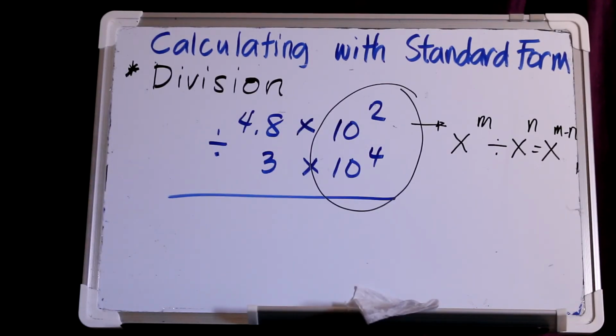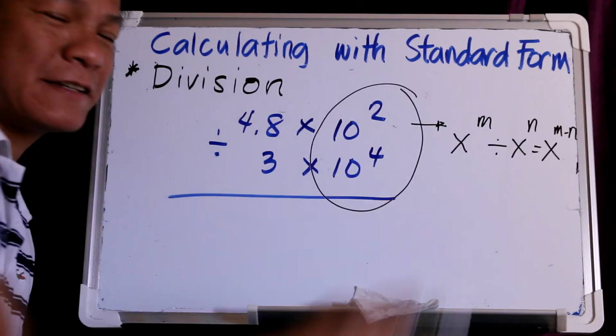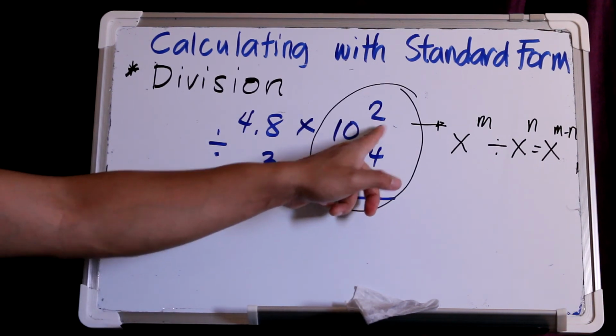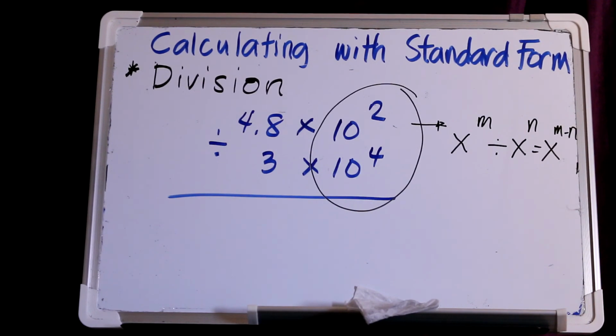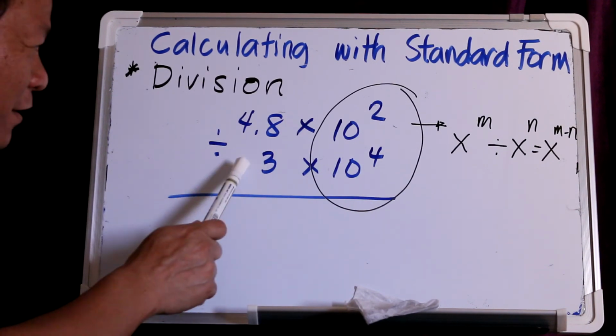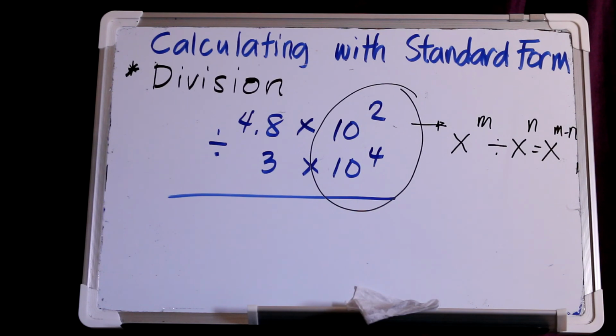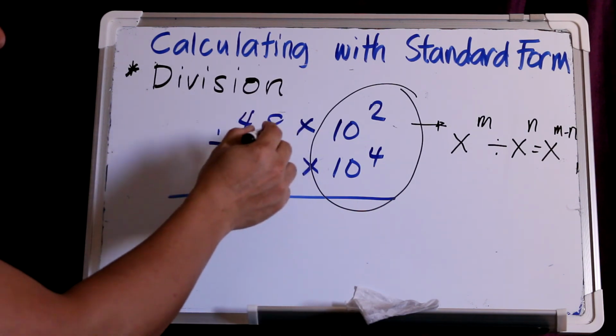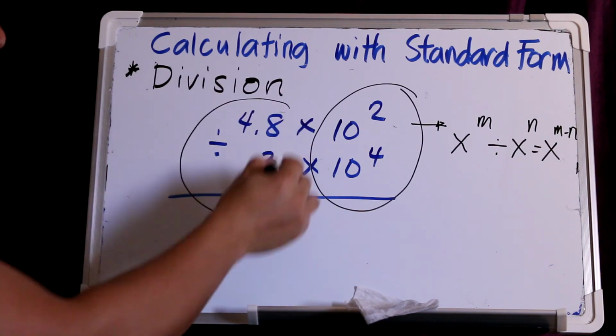So remember this always. x raised to the power m minus n. So this means our power will be negative, right? Yes. And here we are going to divide it.